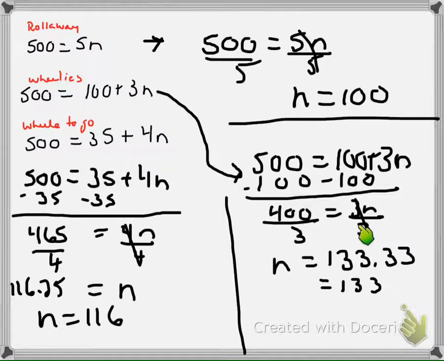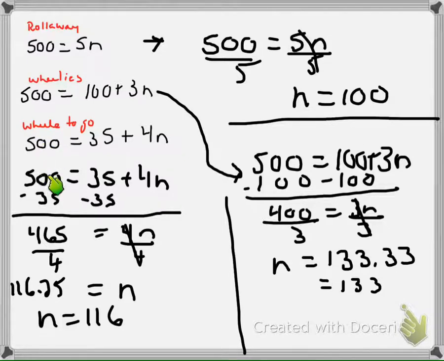I divide by 3 here, and I divide by 3 here, and I got n equals 133.33. But it's not possible to have a third of a person. So that means that at Wheelies, the most amount of people you could take if you only have $500 is 133 people.